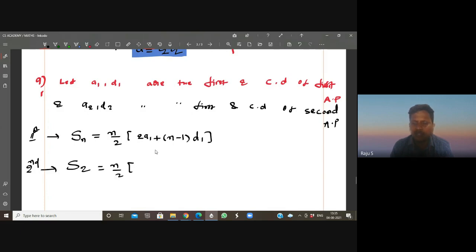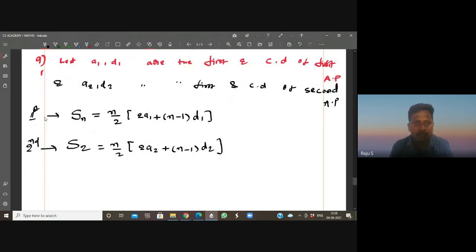We should not write n1, n2 like that. There are the same number of terms in both progressions. So 2A2, but the first term and common difference may be different values, while the total number of terms is the same for both arithmetic progressions. Let us take this as S1, this as S2.